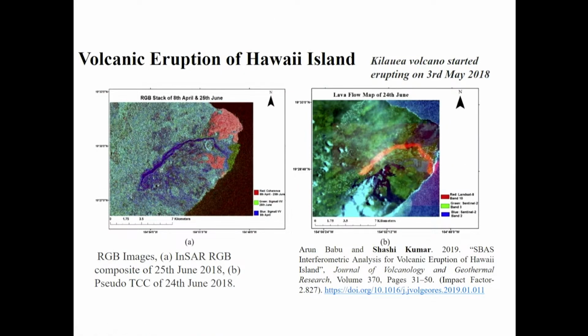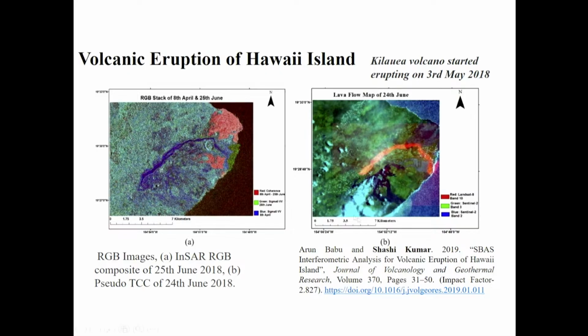Now here I would like to show you a comparison. In the next few slides, I would like to show a comparison of the optical multispectral data set and the challenges faced in those data sets, and how the SAR data set became beneficial in doing the observation or monitoring of the lava flow.